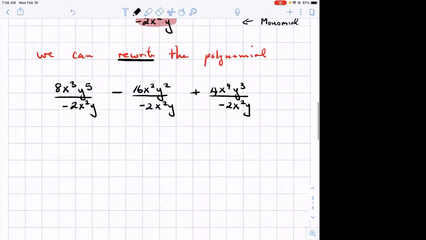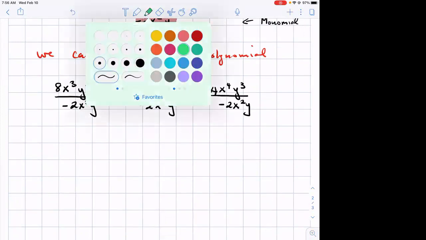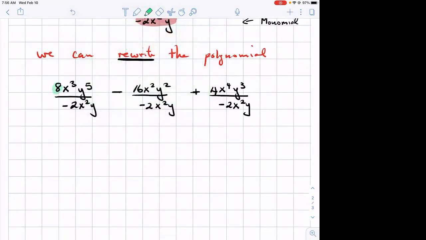And we divide as we did before. What is positive 8 divided by negative 2? Since there is a positive there that we don't see, here we have negative 4. You'll notice we have two variables here.